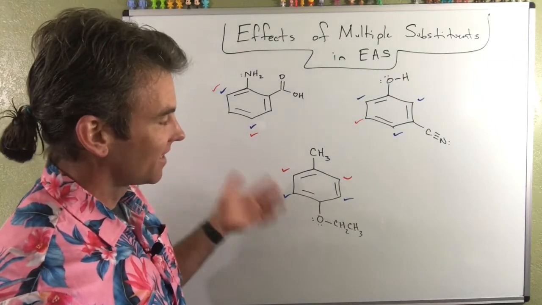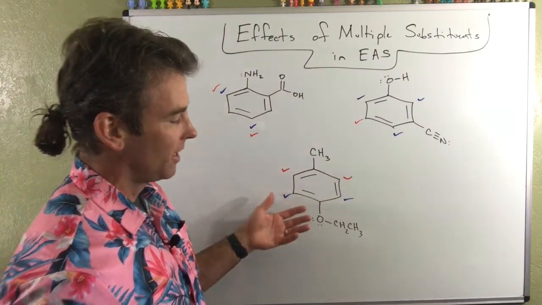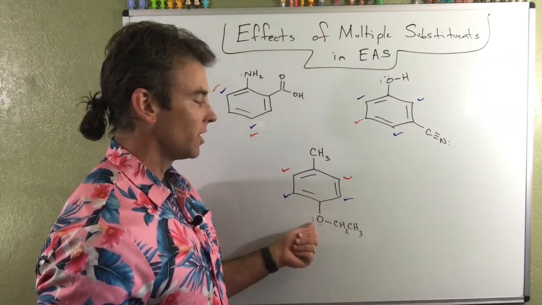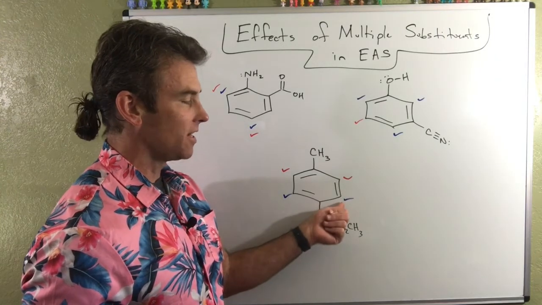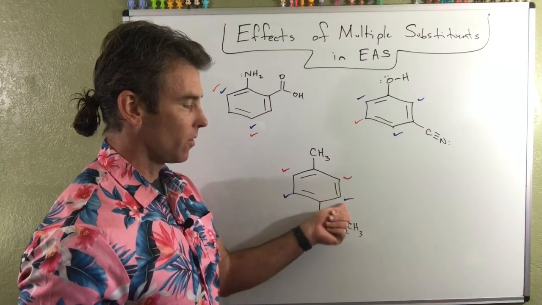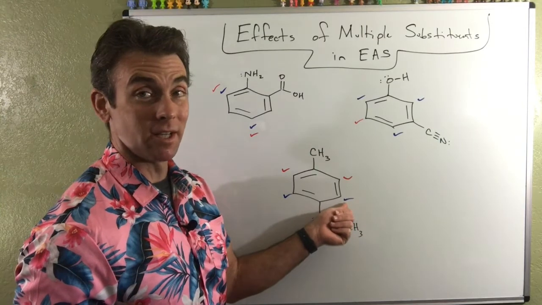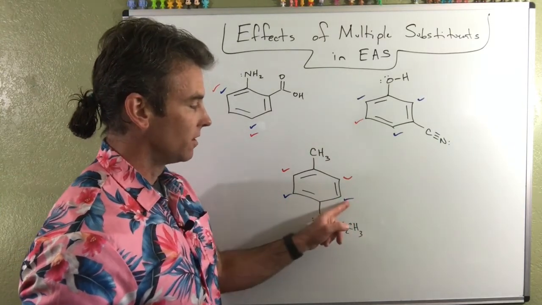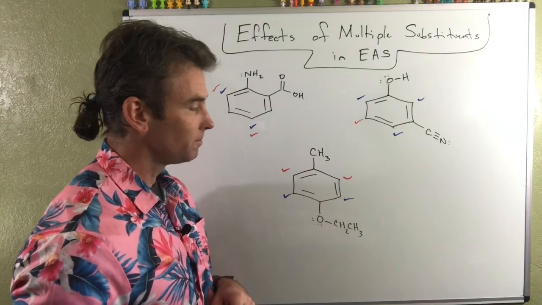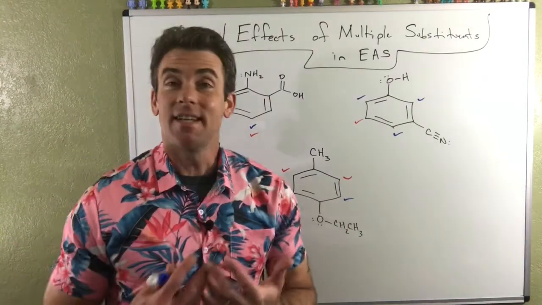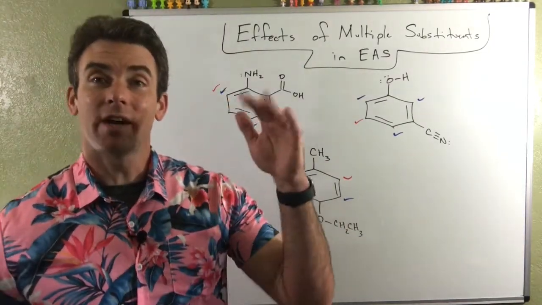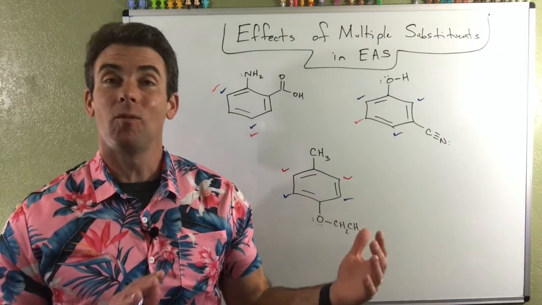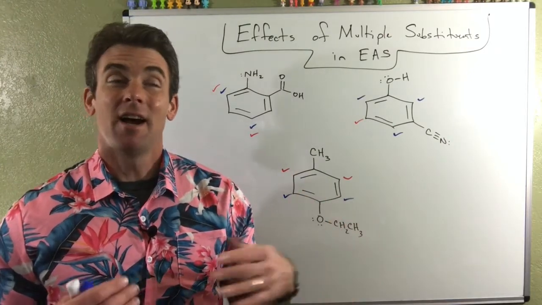I will be honest, that would be bad in a synthesis, but usually the majority of product is going to end up with substitution somewhere on those blue carbons as opposed to the red ones. So when you do your homework, make sure you have that list right there.